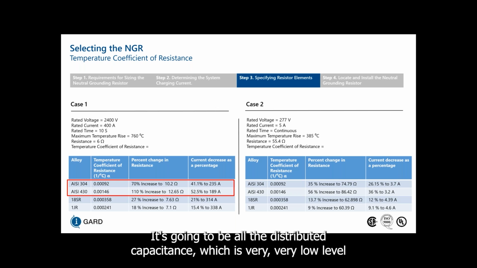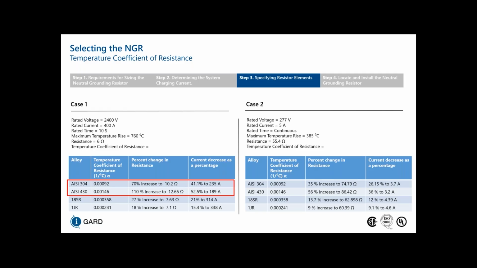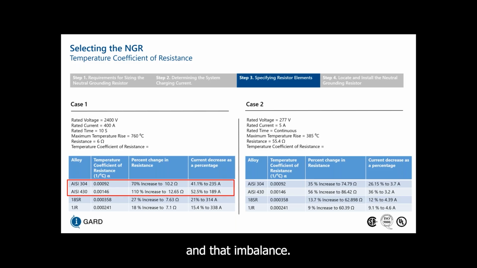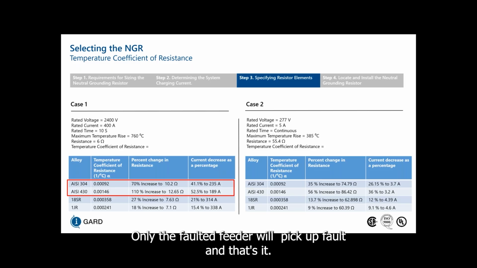It's going to be all the distributed capacitance, which is very, very low level fault current. The majority of the fault current is going to flow back through the NGR path, right? And it's going to go back to the point of fault, which is where that zero sequence CT is going to pick up that circulating current and that imbalance. As a result, it's not going to impact the healthy feeder that's adjacent to the faulted feeder. Only the faulted feeder will pick up the fault, and that's it.